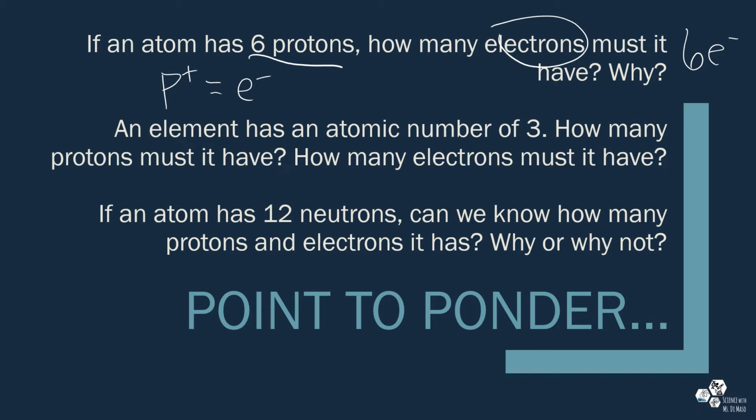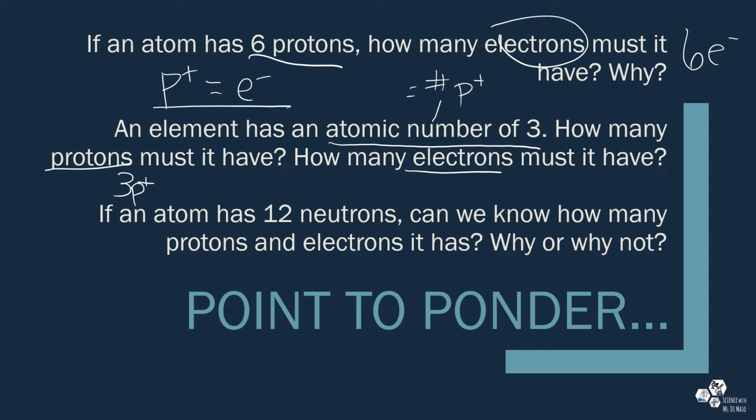So now if an element has an atomic number of 3, remember the atomic number was the same thing as the number of protons. So how many protons must it have? Well, it must have 3 protons. And then how many electrons does it have? Well, go back to the problem we just did.